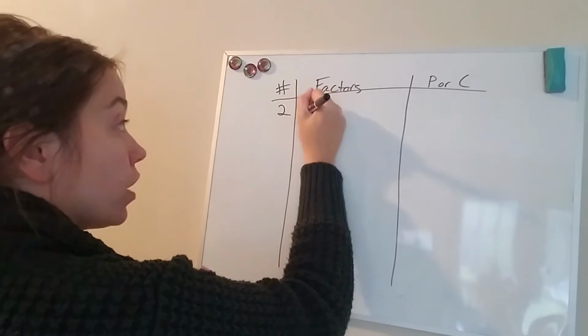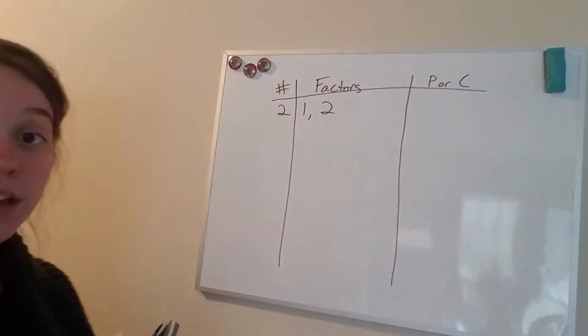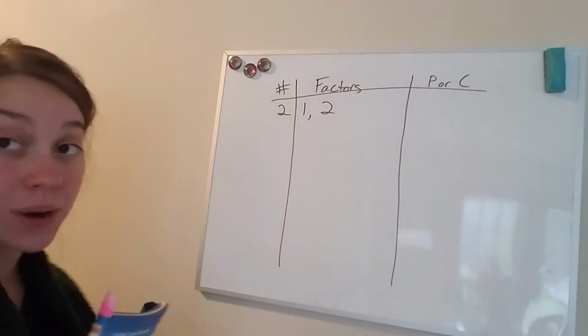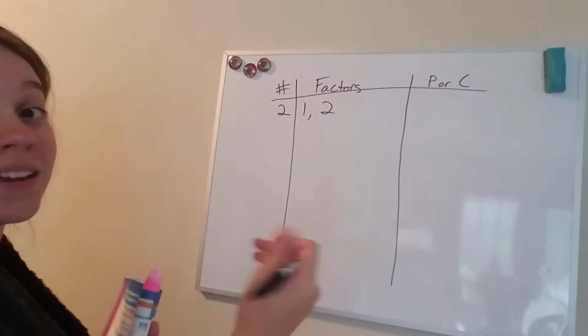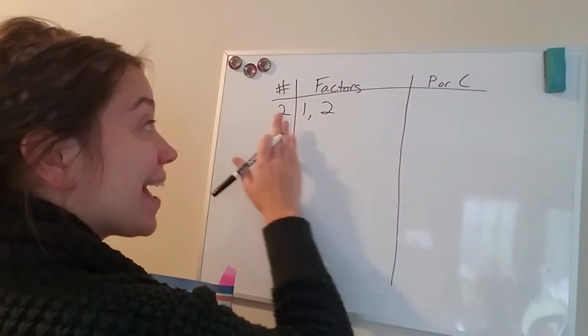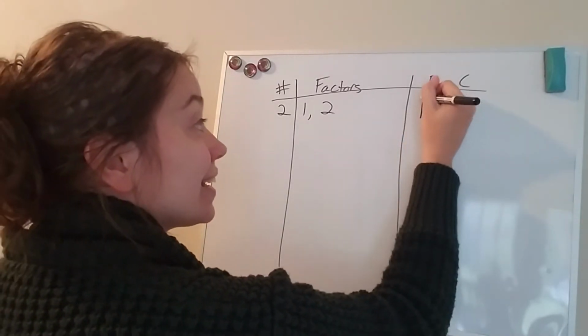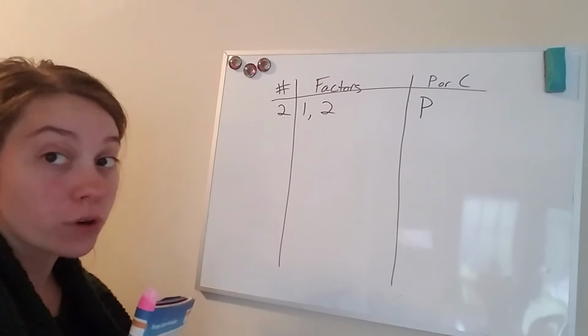So we have 1 times 2, and then that's it. The other way we know is our turnaround fact, where I can do 1 times 2 and 2 times 1, I can't go past that, right? So we only have 1 and the other number, meaning it is a prime number. So put a P over there for prime.